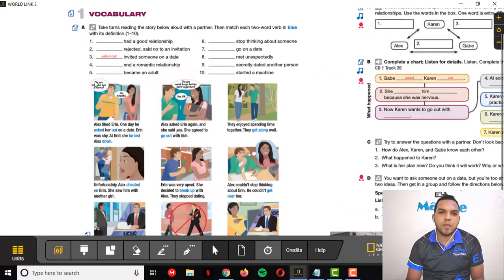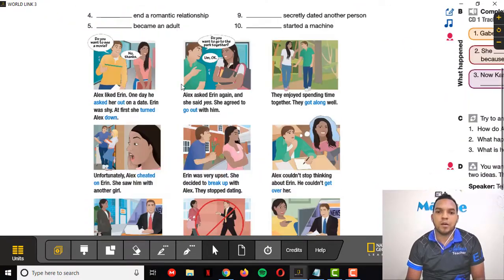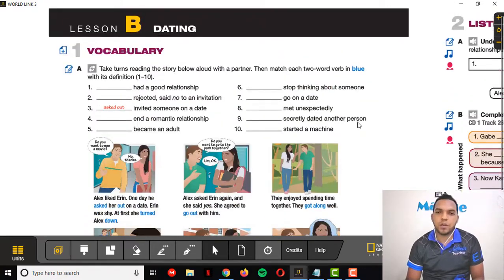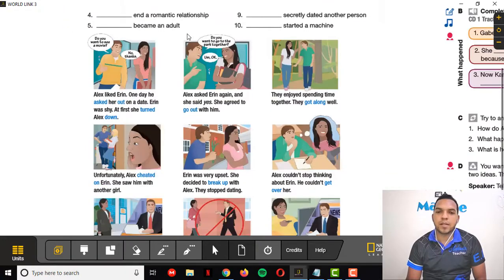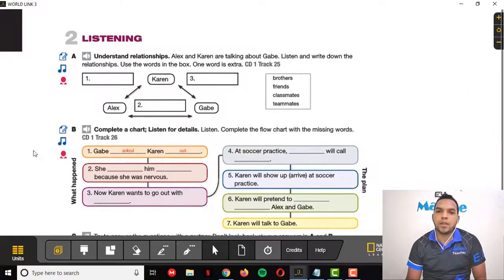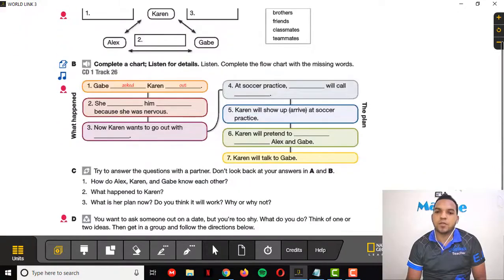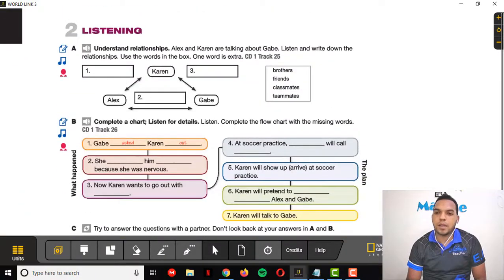So with this, guys, you will be completing this exercise with these blue words. This is something that is going to help you understand even better what I was explaining. All right, so don't forget also to do the listenings as always.